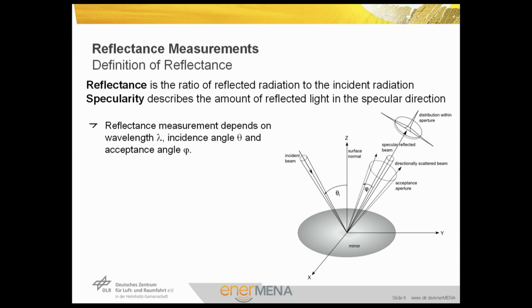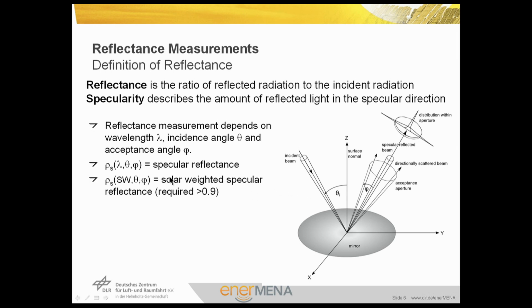Then it is also dependent on the incidence angle, which is the angle to the surface normal of the incident light beam. And then it is dependent on the acceptance angle, which is defined as a cutoff angle from the perfect specular direction to the angle where we still hit the absorber, even if the beam is a little bit off its perfect direction.